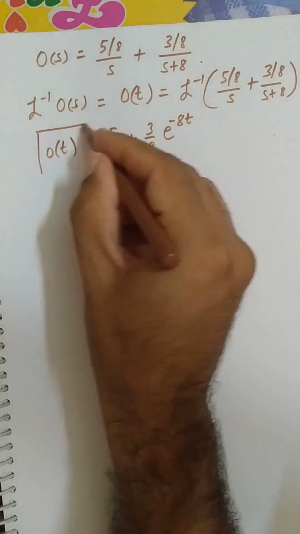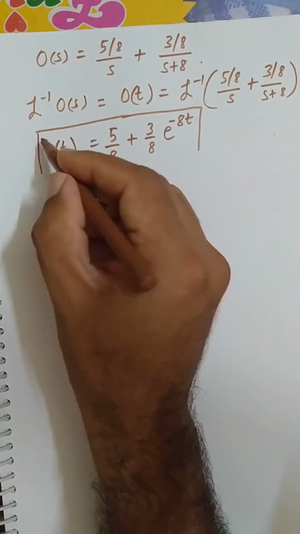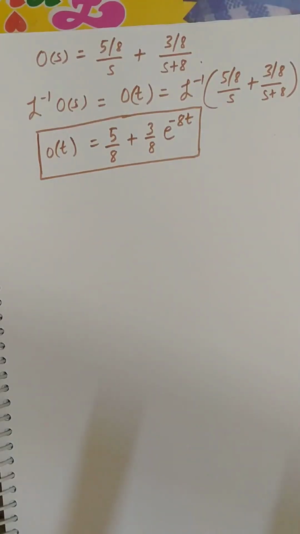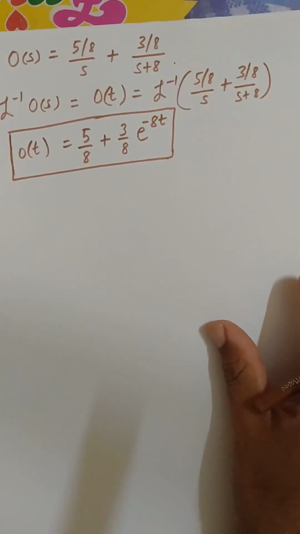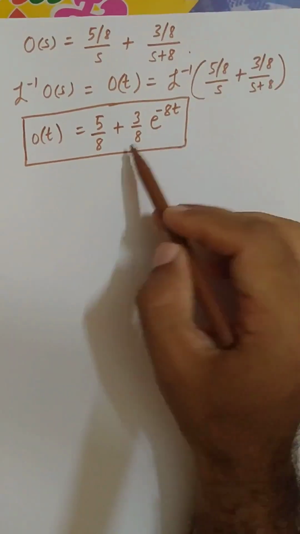If you are having problems in doing inverse Laplace, then you should refer to some mathematics book. But I think this is pretty straightforward. We have done all the properties. If you have any doubts, you can go back to that Laplace transform video, and you will get how I have found it.